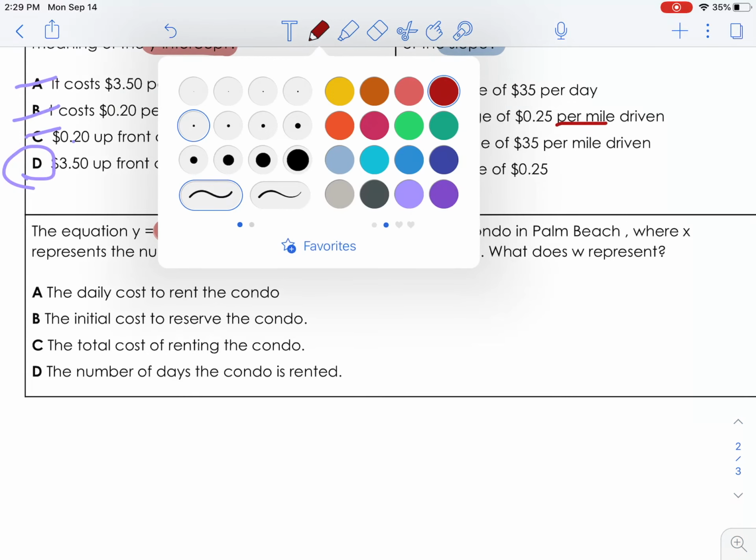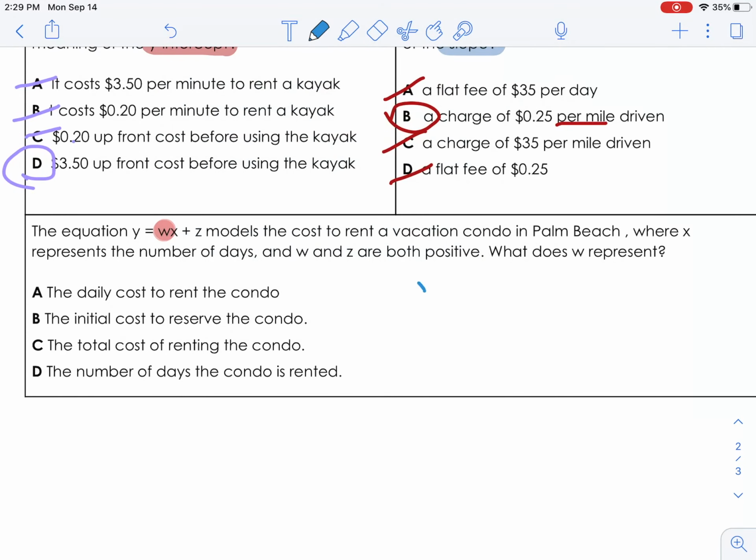So we know that we're going to be looking for the slope, okay? And then we're going to look for keywords that go with the slope. Ooh, daily cost to rent the condo. Initial cost, that means y-intercept. The total cost of renting the condo, that would be the y value. The number of days the condo is rented is the x value. So our daily cost to rent the condo represents the w.